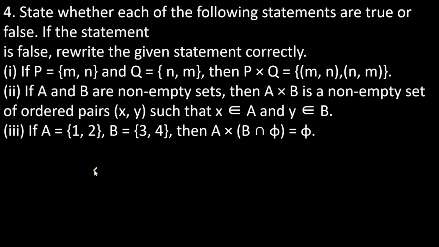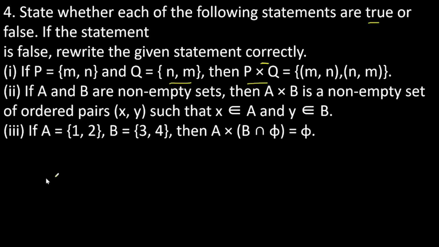Now we'll discuss question number 4. State whether each of the following statements is true or false. If the statement is false, rewrite the given statement correctly. So let us start. If P = {m, n} and Q = {n, m}, then P cross Q equals this, which is given.